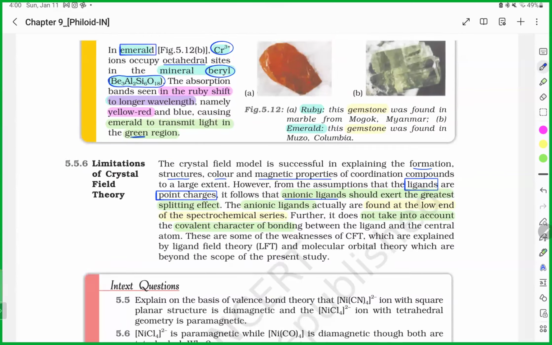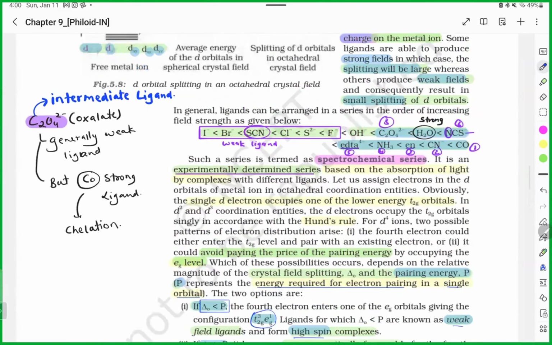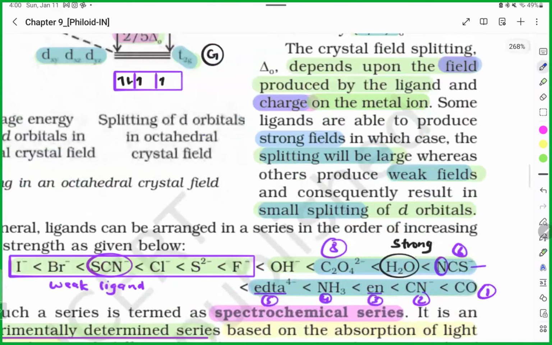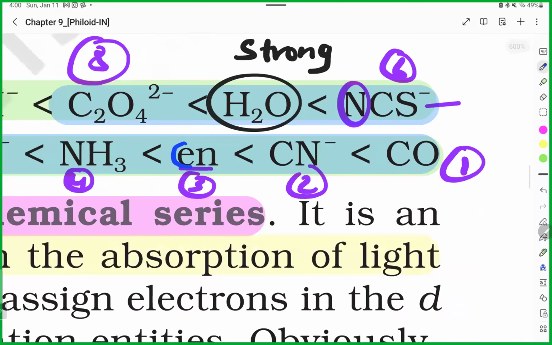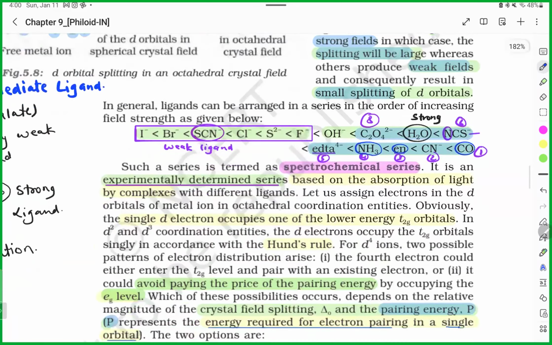But in reality, when you go through the table, you get to know that you have carbonyl and en on the higher side, and out of the top four, three in ammonia's group are neutral ligands, correct? So it means this is not a foolproof method where everything is perfect. Logically, it doesn't make sense.